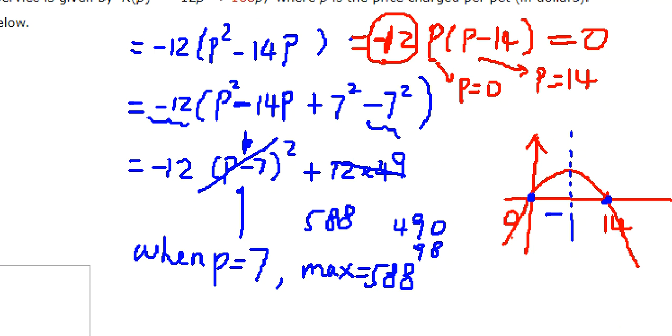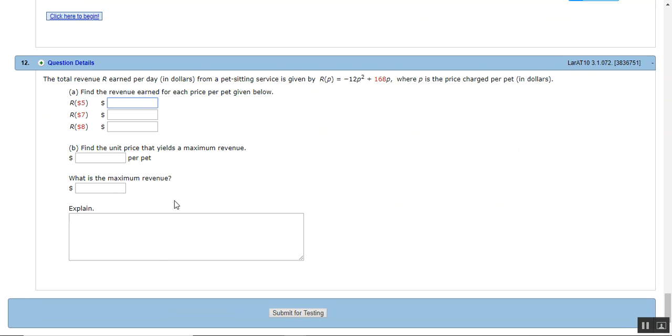Since this is 14, I know the midpoint is 7, so the max occurs when p is 7. Then I can plug 7 into this function and find my max. That's the detailed explanation for that one.